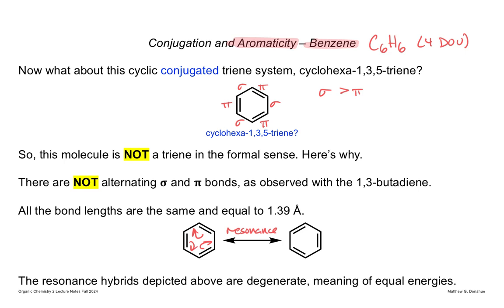And remember that a resonance form isn't just that and that separate. It's both things at once. So even though we have to draw it sort of as one form, each carbon-carbon bond is somewhere between a double bond and a single bond, and all the bond lengths are the same.